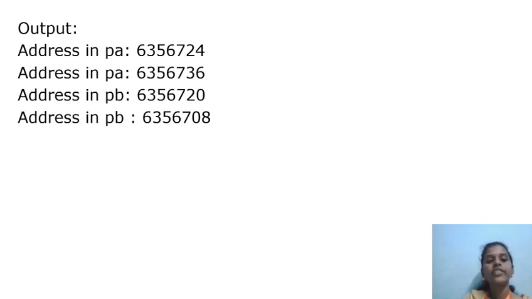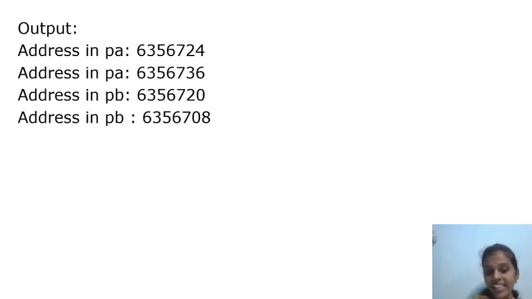The address in pb before subtracting is 6356720, and the address after subtracting in pb is 6356708. Here we can observe the pointer increased by 12 bytes. We are adding 3, so 3 into 4 bytes equals 12. So we are adding 12 here.